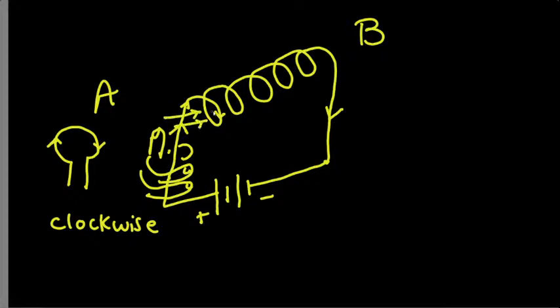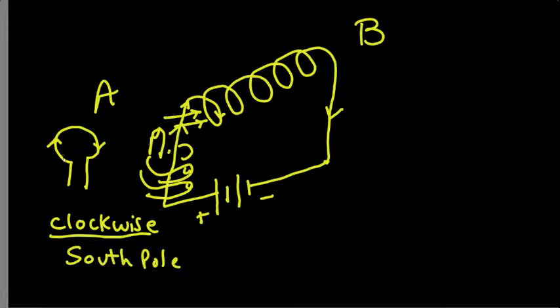You can see that they are going in, correct? And we know that if the magnetic field lines are going in, it is a south pole. So you have to remember that if the direction of current is clockwise, it has to be south pole.